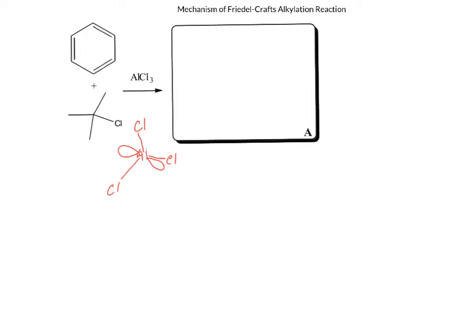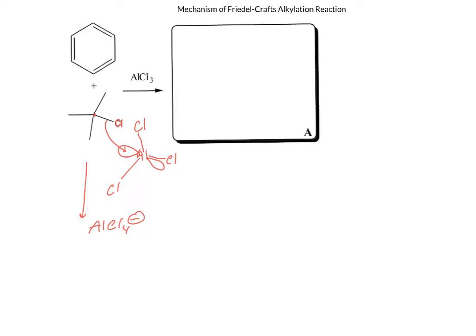First step involves transfer of the 2 electrons from the carbon chloride bond into the empty p orbital on aluminum and forming a complex, aluminum tetrachloride -1, which then behaves as a Lewis base.